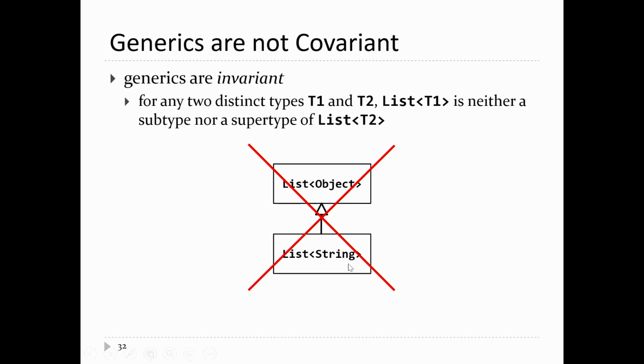So that is not substitutable for a List of Object. For any two distinct types, T1 and T2, there is no relationship between a List of type T1 and a List of type T2, other than the fact that they're both lists. There is no inheritance relationship between those two types. That's what people mean when they say that generics are invariant.